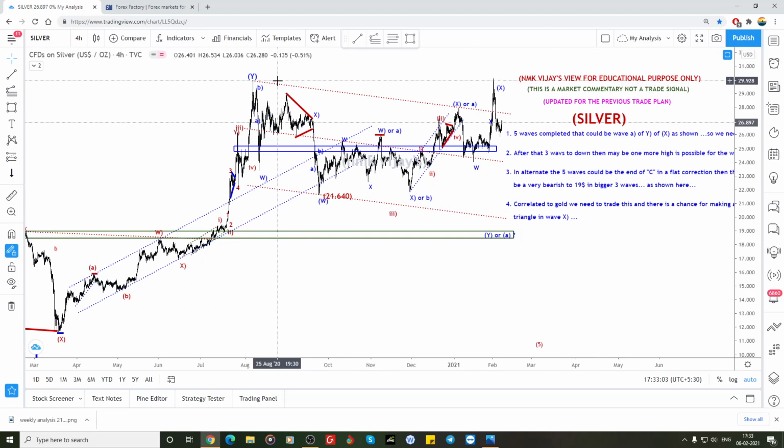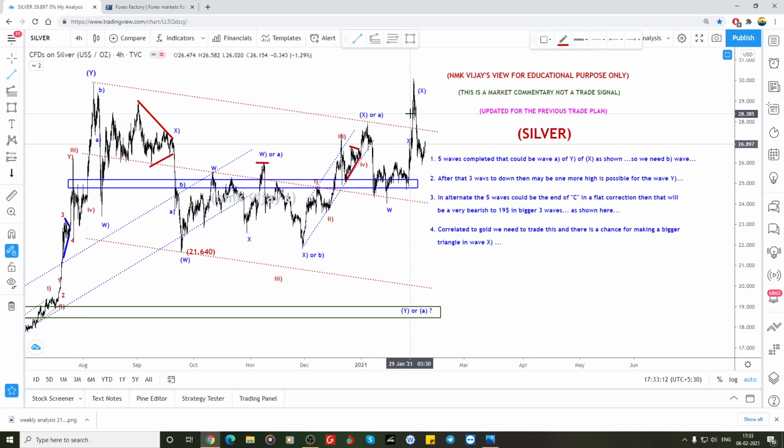The previous high was already broken, and my stop loss also got hit. What I did here is I shorted at 26, 27, I think so. I shorted at 27, and immediately I placed the stop loss here, and it got hit.